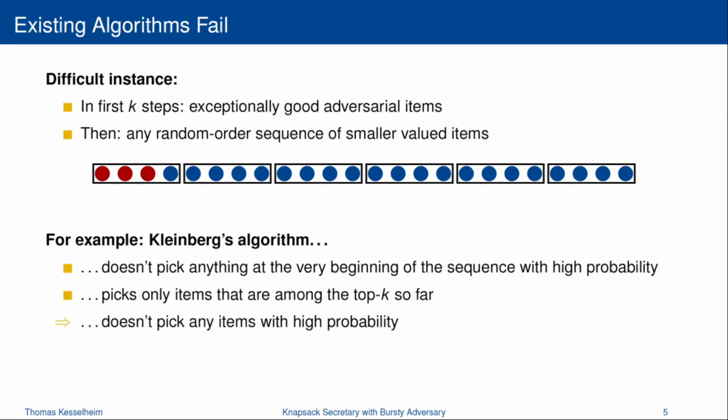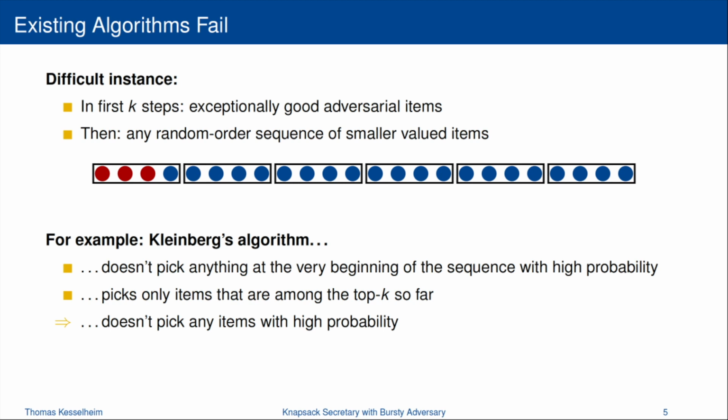Let's see what's happening then at the example of Bobby Kleinberg's algorithm. This algorithm has the property that it does not pick anything at the very beginning of the sequence with high probability, because at the very beginning of the sequence it tries to get an estimate of how good items are. And then later in the sequence it picks only items that are among the top k items so far.